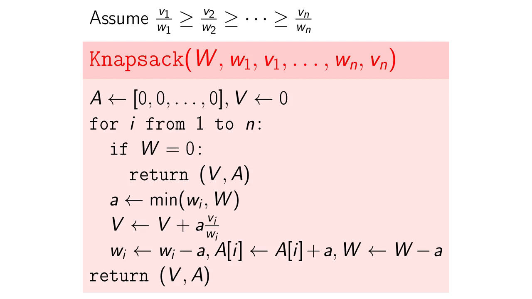So we determine the amount of this item with the same formula, and we update the weights, the amounts, the capacity and the total value in the same way as we did in the previous pseudocode. The only change is the order in which we consider the items, and this allows us to make each iteration in constant time instead of linear time.